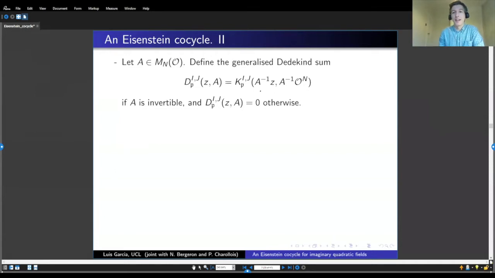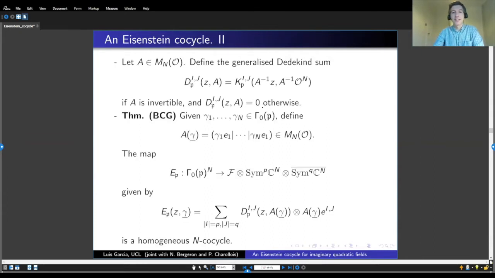So you let A act on both the argument Z and on the lattice O^n. And the expression involves A inverse. So if A is not invertible, then I just set it to 0.